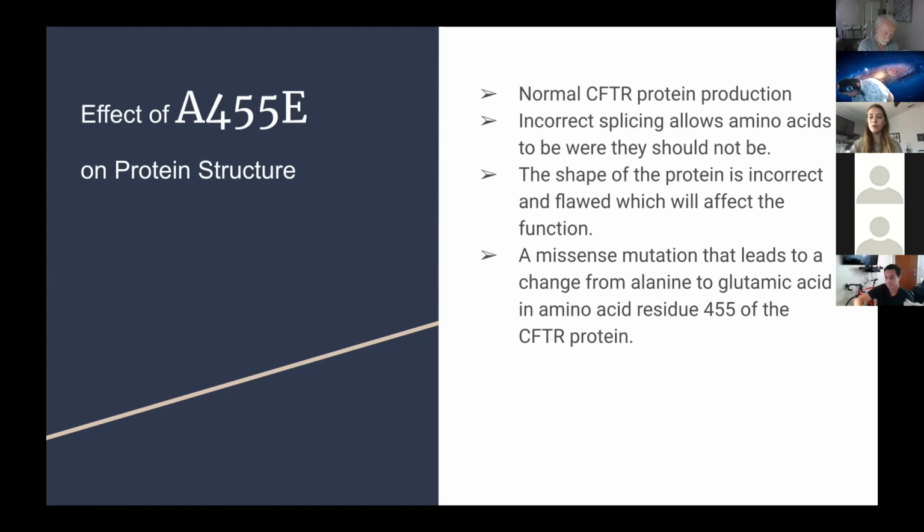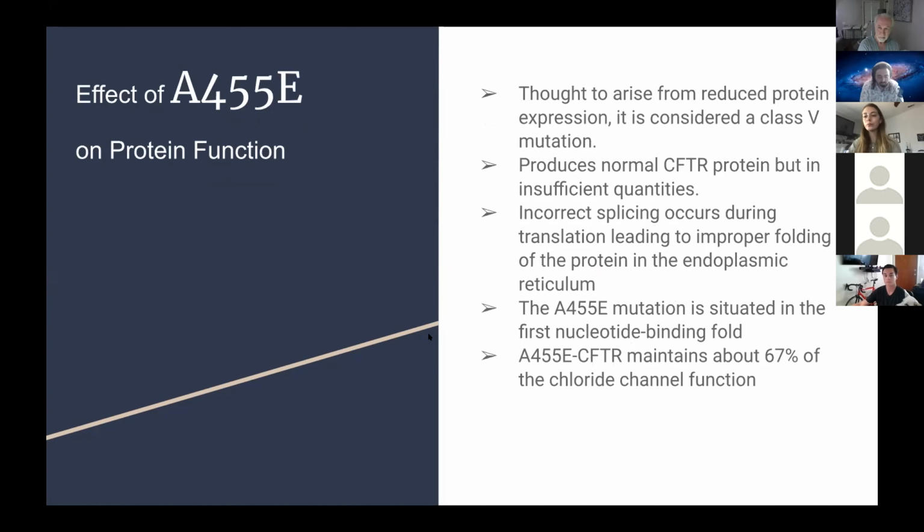The mutation A455E is a missense mutation that leads to a change from alanine to glutamic acid in amino acid residue 455 of the CFTR protein. The mutation is situated in the first nucleotide binding fold and may interfere with the binding of cAMP to the CFTR protein. cAMP drives and supports the chloride-gated channel. This change in structure leads to a change in function.